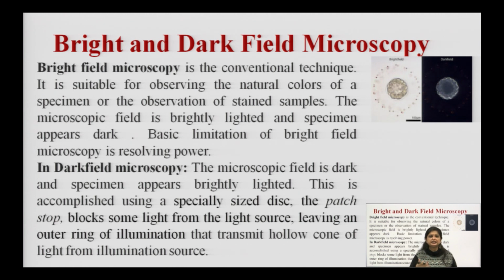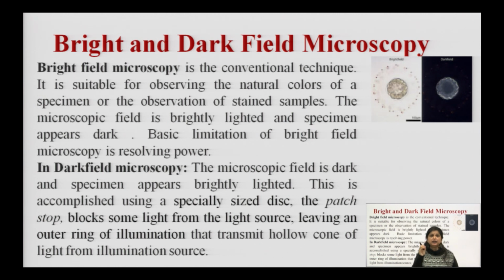We can easily see the structure of plant cells, the structure of animal cells, and we can study various bacteria, viruses and fungi. Mainly these are suitable for observing naturally colored specimens. With the simple conventional bright field microscope we can't see transparent images; we can only observe colored images.